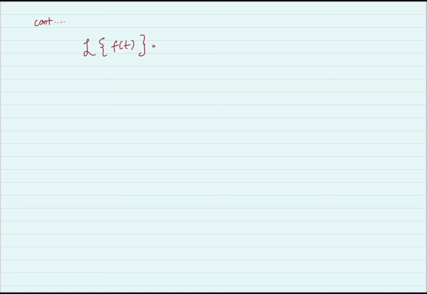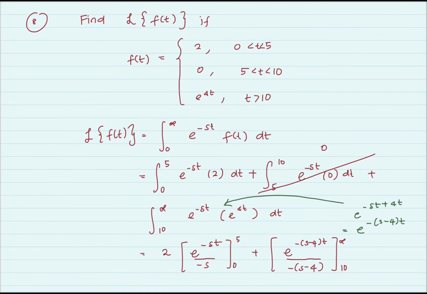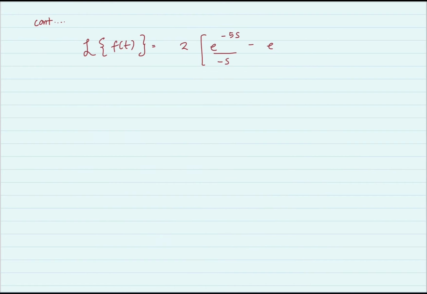We have 2, just now, is e^(-5s) over negative s, minus e^(-0).